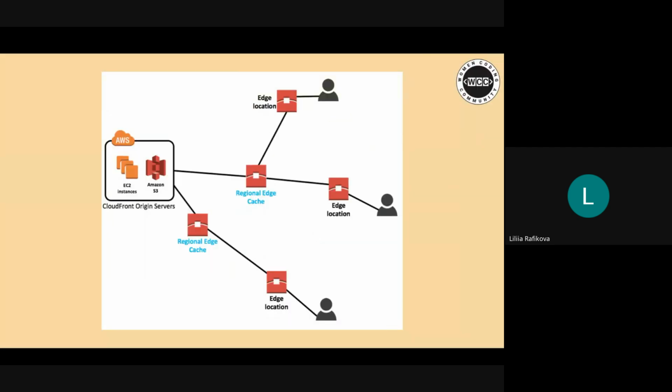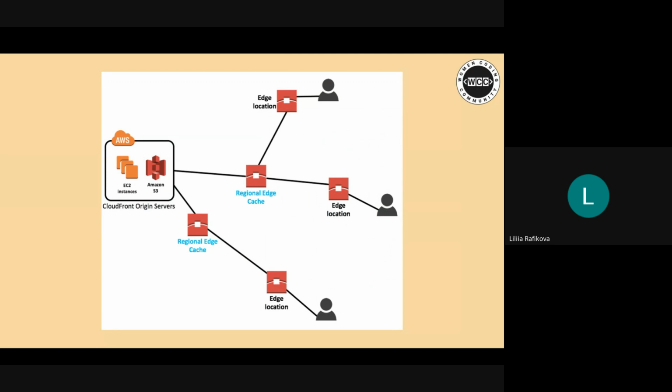So this is the picture. Basically, edge locations are usually very small servers. That's why we also have regional edge cache. Regional edge cache is usually bigger than an edge location.